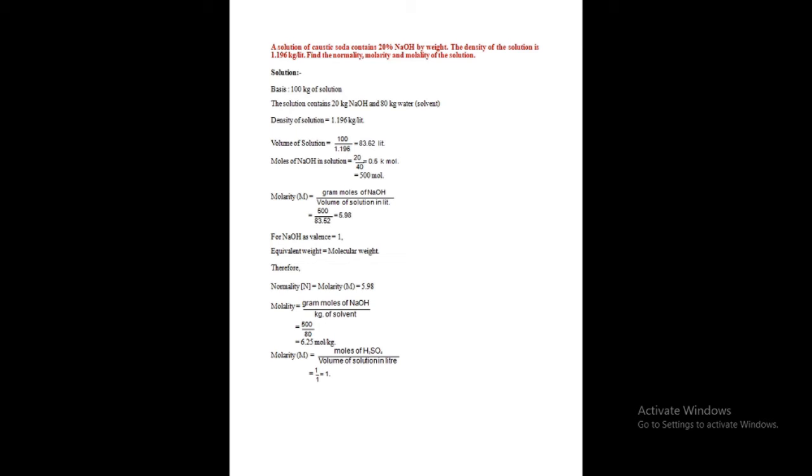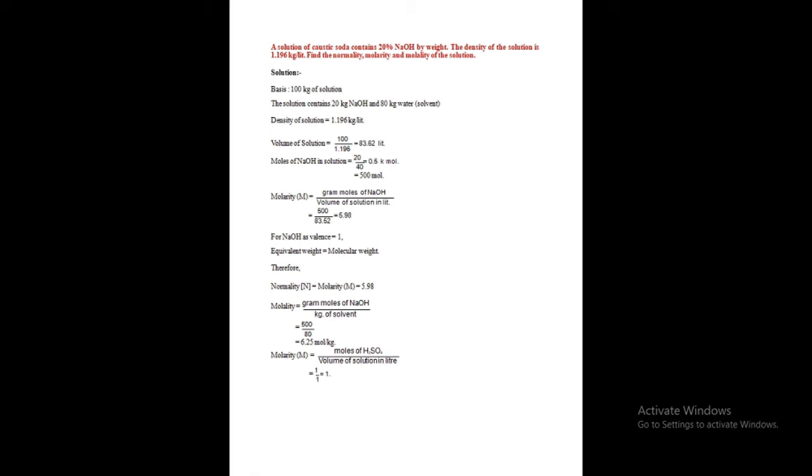So 20 by 40 is 0.5, the gram equivalent of sodium hydroxide, divided by volume of the solution in liter, 83.52. We got the same value: normality equal to molarity equal to 5.98.